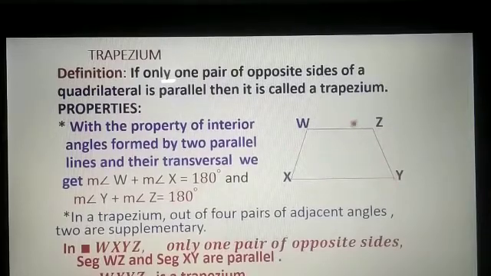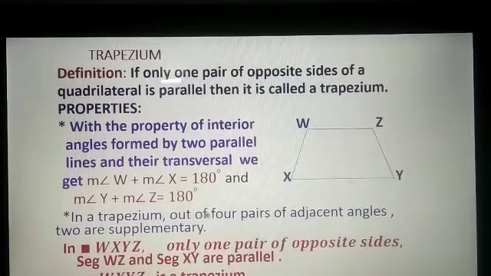You know children, if two lines are parallel and one transversal intersects them, then the interior angles made by the transversal are supplementary. So here we have measure angle W plus measure angle X is 180 and measure angle Y plus measure angle Z is 180.